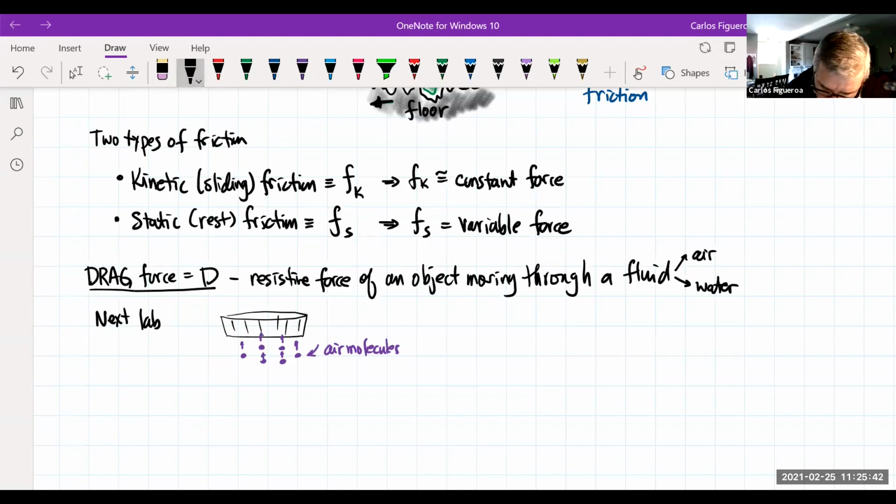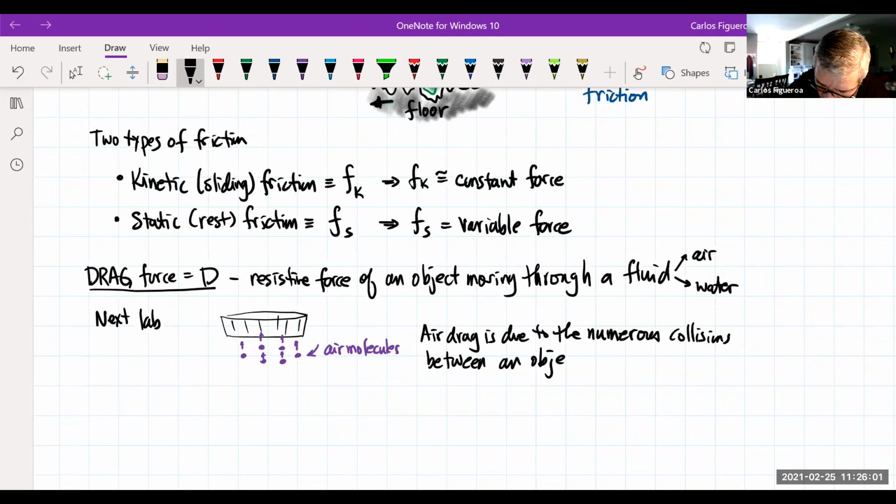So air drag is due to the numerous collisions between an object and the air molecules. Okay, so you have numerous collisions between these guys, and that's what produces that. The same thing if you're moving through water.